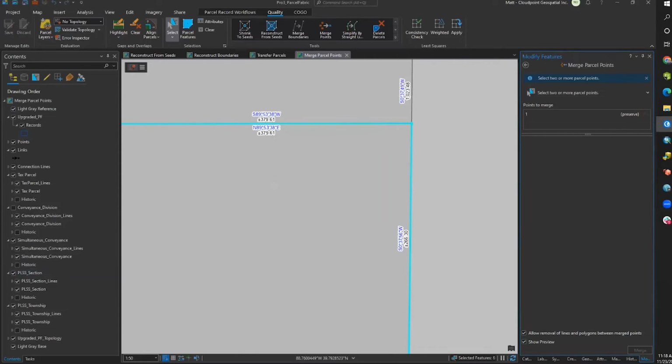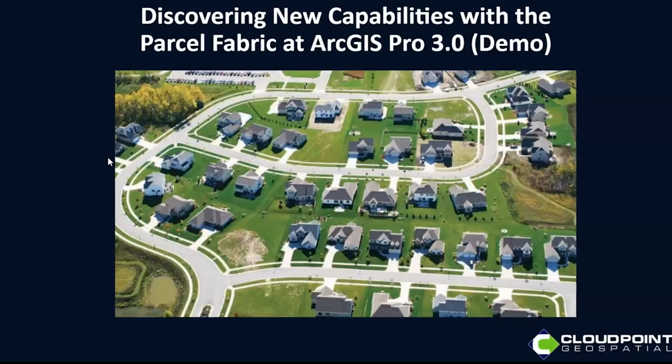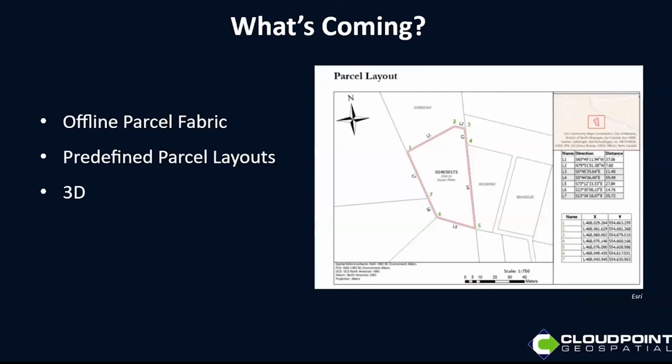Okay, I'm going to go back into the presentation. So what is coming in the near future from Esri for the Parcel Fabric? They are talking about some offline parcel fabrics.